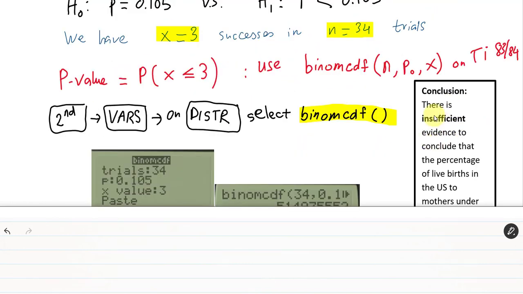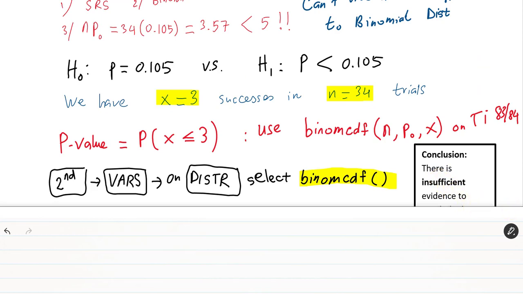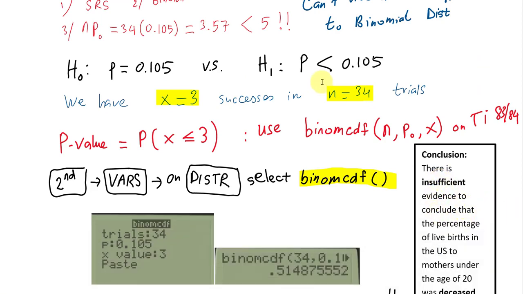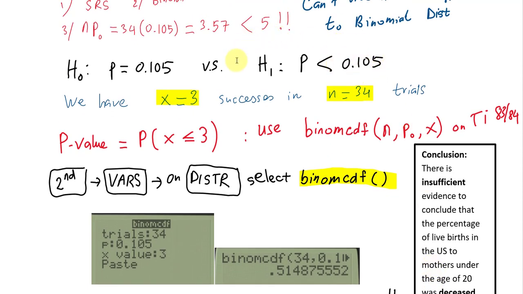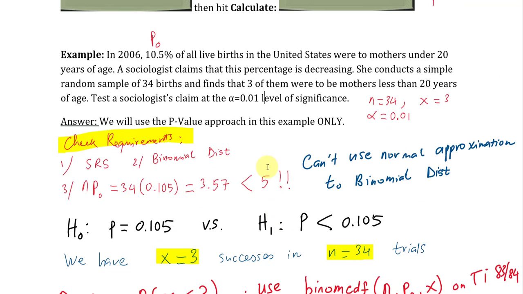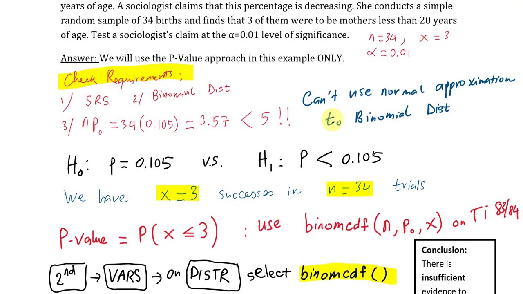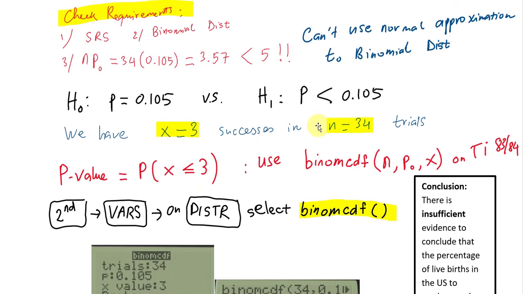So there is insufficient evidence to conclude that the percentage of the live births in the US to the mothers under the age of 20 was decreasing in 2006. We don't have enough evidence to support the alternative hypothesis because we did not reject the null, and therefore we cannot make the conclusion about the statement here that it was decreasing. We cannot confirm that. Insufficient evidence.